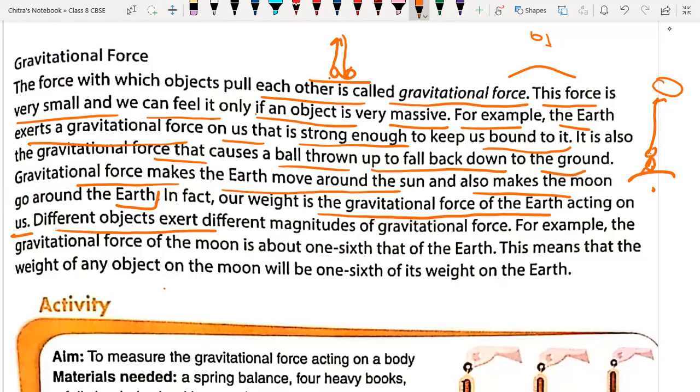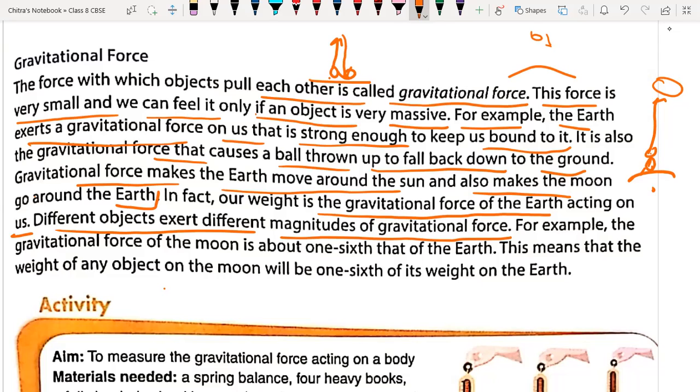Different objects exert different magnitudes of gravitational force, because the gravitational force directly depends on the mass of an object.